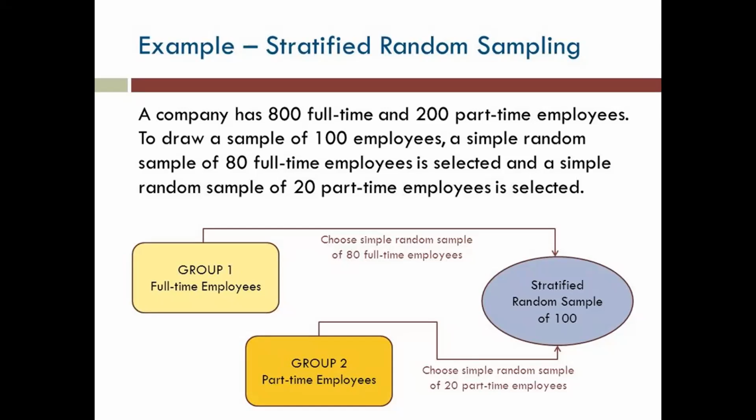In a similar way, if my sample is 100, I should take 80 and 20 by that ratio. If my sample is 50, I will have 40 from full-time and 10 from part-time. Of course, yes. You have to take the same proportion. Same proportion, yeah. Thank you.